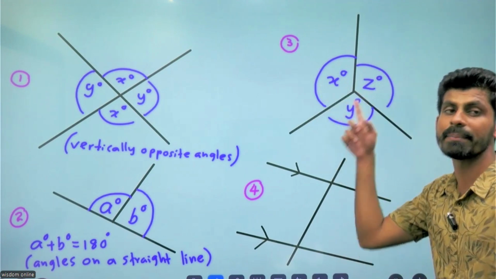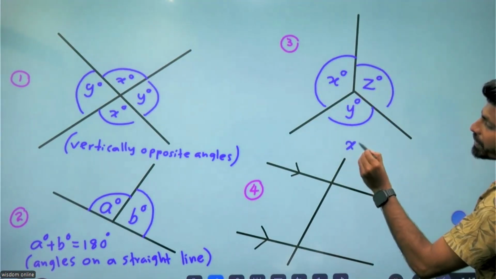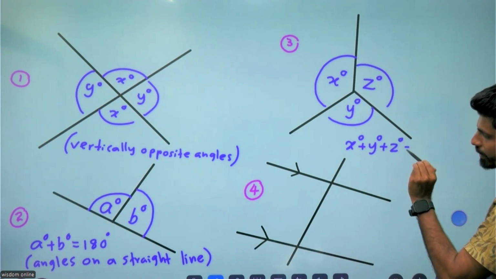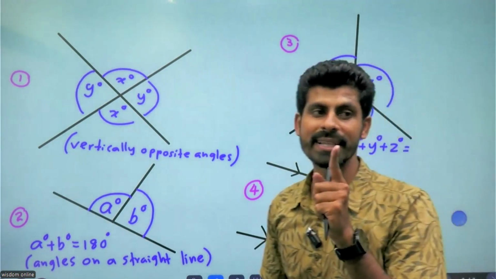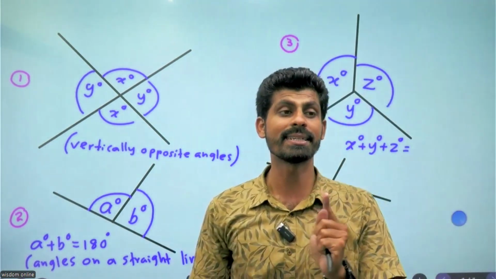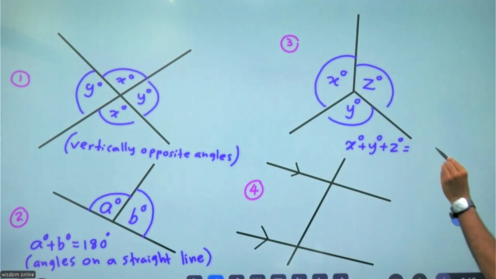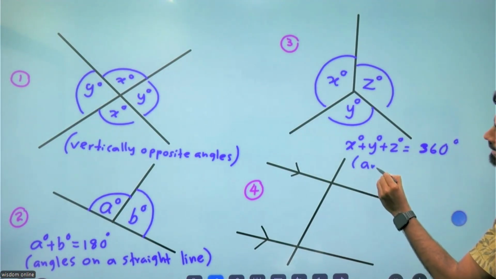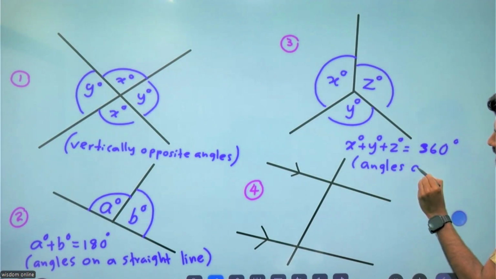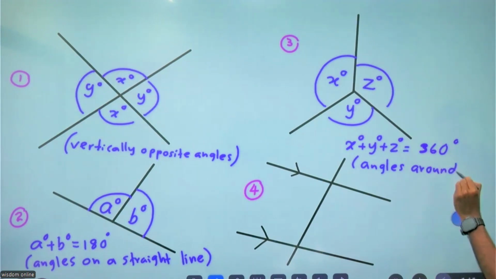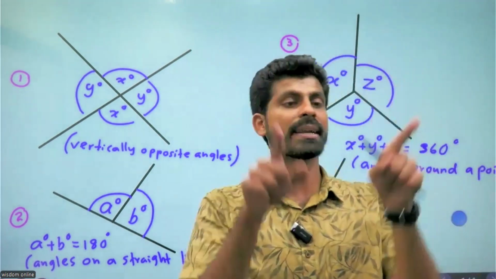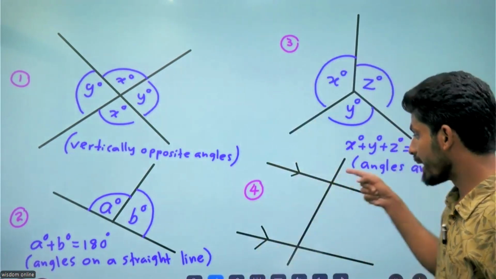X plus Y plus Z equals 360 degrees. Angles around a point add up to 360 degrees.